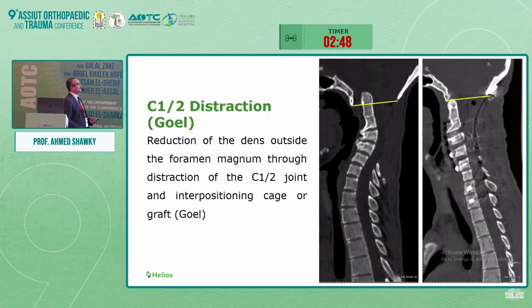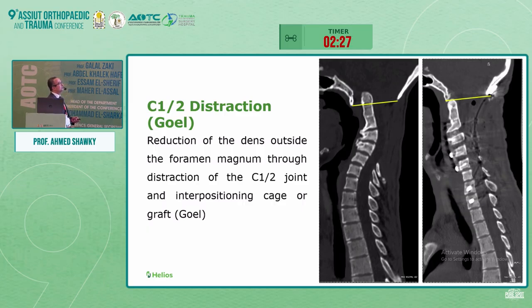Okay. Another patient, this is also one of my cases with Professor Shawky. This patient presented with a craniocervical anomaly with atlas assimilation. The C1 arch is completely fused to the occiput, and also with cranial settling.